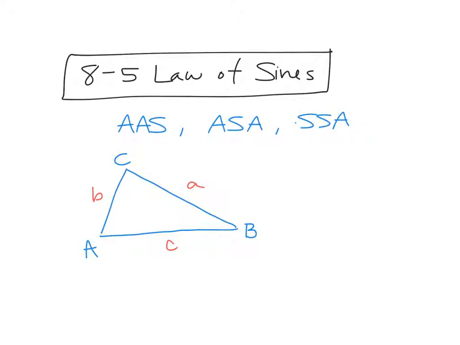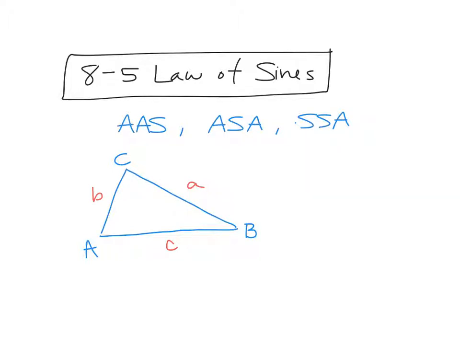Okay, so here's what the theorem says. The ratio of the sine of an angle, so sine A, sine C, sine B, the ratio of the sine of an angle and its opposite side will always be constant in any triangle. So whatever the ratio is for the sine of an angle to the side across from it will be proportional to every other sine of an angle to the side across from it.